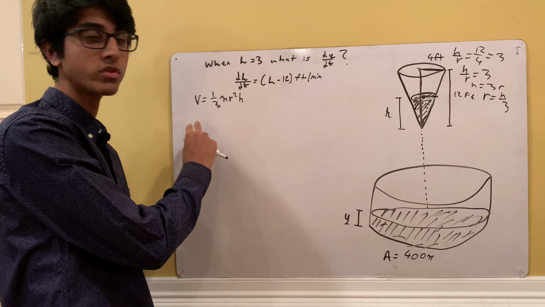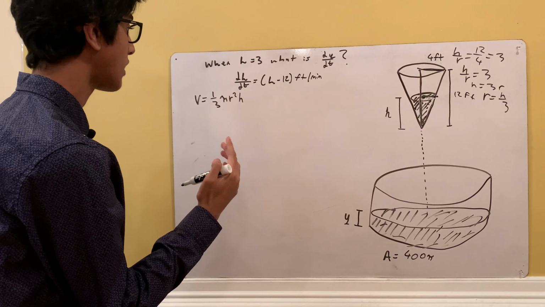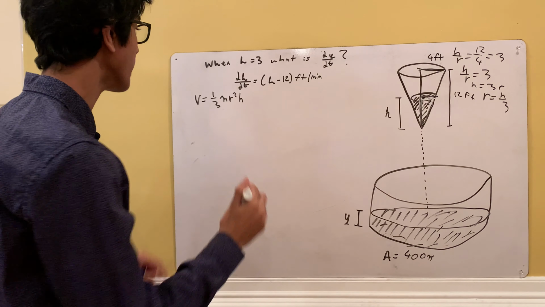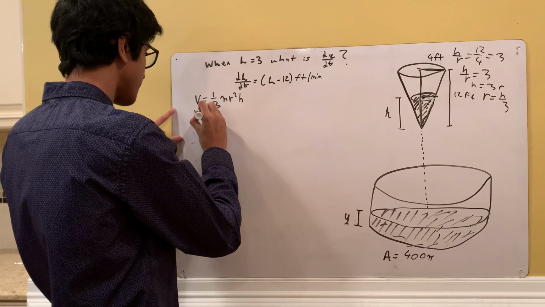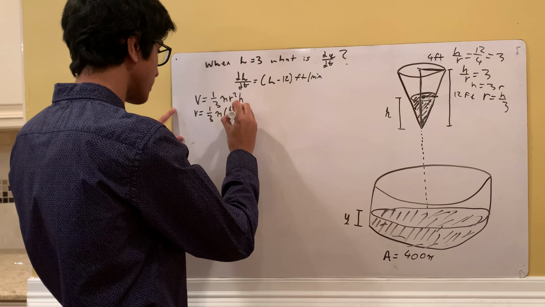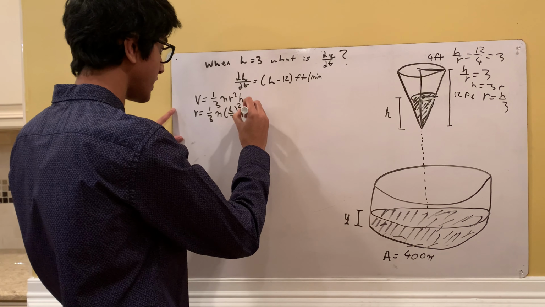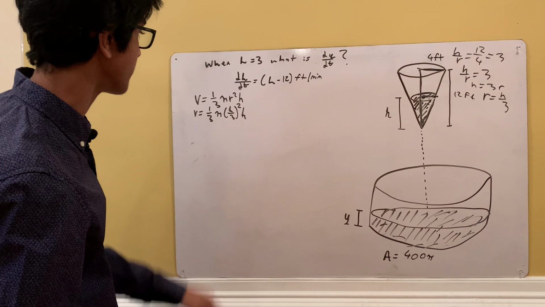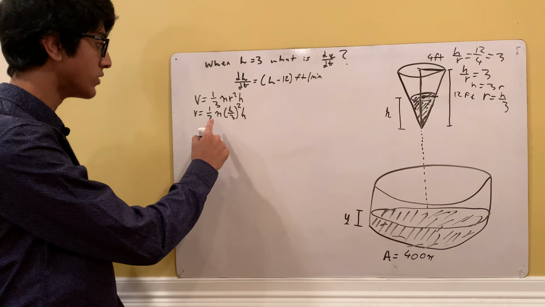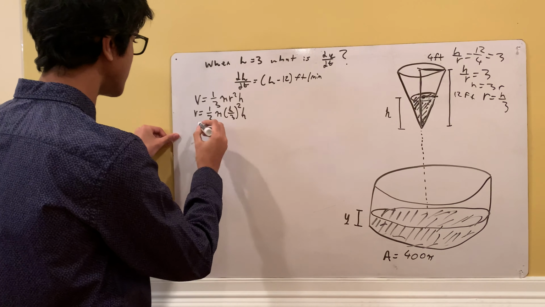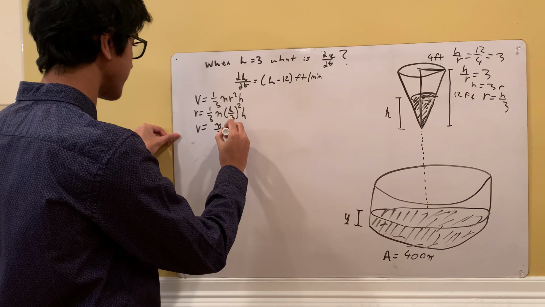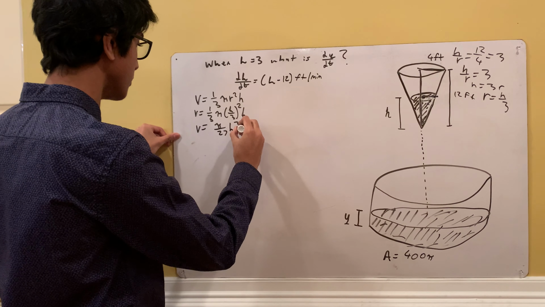So let's rewrite this equation with our new way of showing r. V is equal to 1 over 3 pi times h over 3 squared times h. I just replaced r with h over 3. Now we can rewrite this, and it turns out to be V is equal to pi over 27 h cubed.